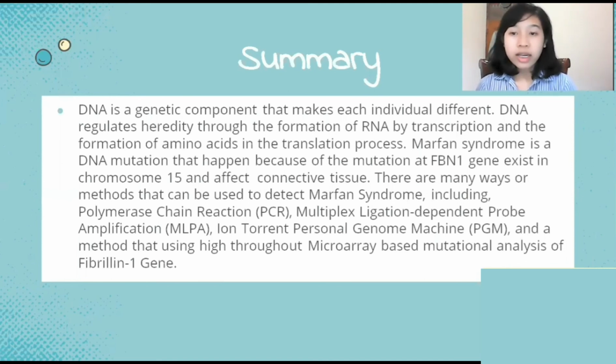One of the DNA mutations is Marfan syndrome. Marfan syndrome is caused by a mutation in the FBN1 gene on chromosome 15 and affects the connective tissue. There are many methods that can be used to detect Marfan syndrome, including PCR, MLPA, PGM, and a method using high-throughput microarray based on mutational analysis of the fibrillin 1 gene. Thank you.